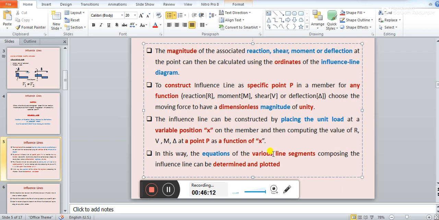And when you are able to determine the various line segments and plot them, you should be able to get the final influence line diagram. Is it okay?